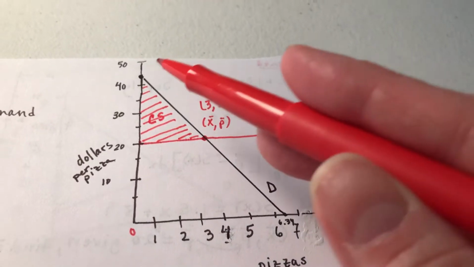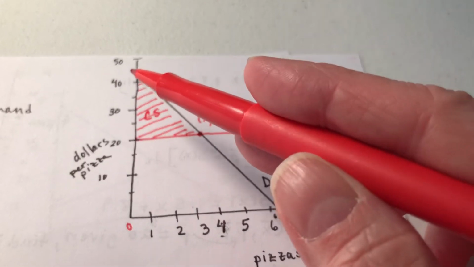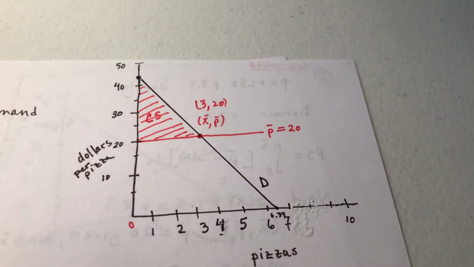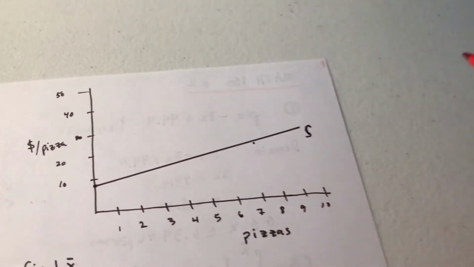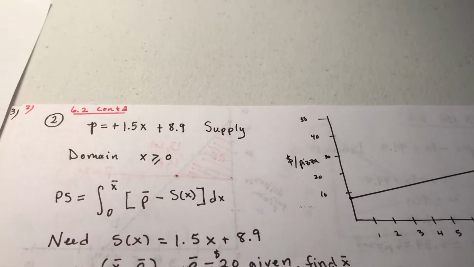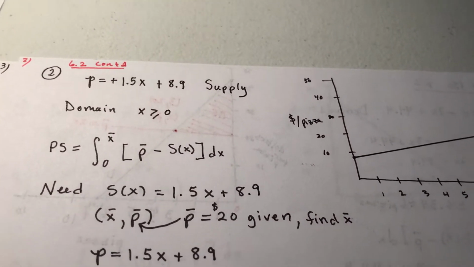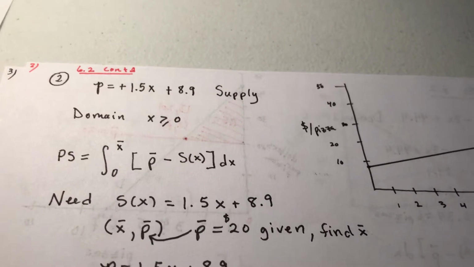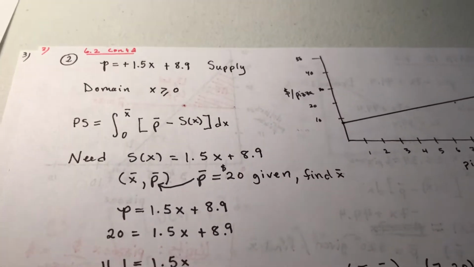So your demand curve is only in the first quadrant. Whereas the supply curve could just keep on going up and up forever. Okay. So we just say X is greater than or equal to 0 for supply. There's no bound to what the suppliers can supply. Well, probably is, but not in this problem.